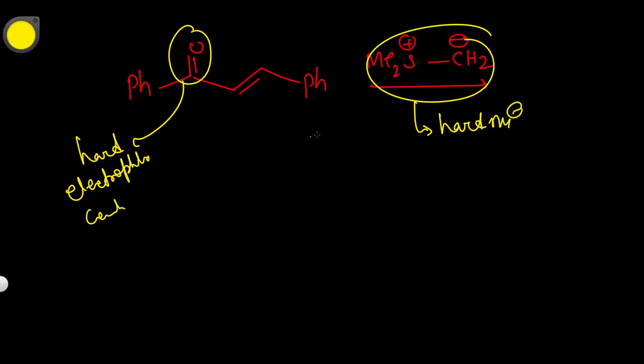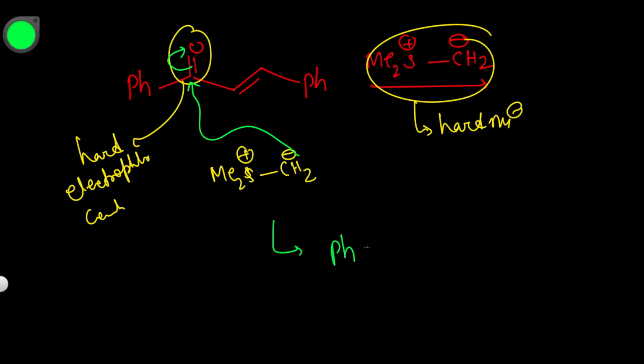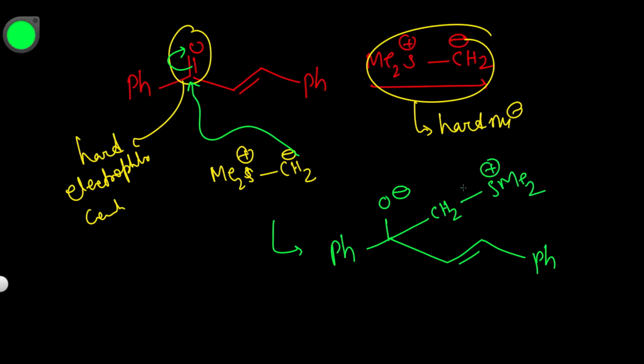So that's why Me2S positive, with CH2 minus, this negative charge will attack this hard electrophilic center, and this bond will shift, and you will get something like this: PhO minus here, a double bond here, Ph here, and here CH2 and SMe2.